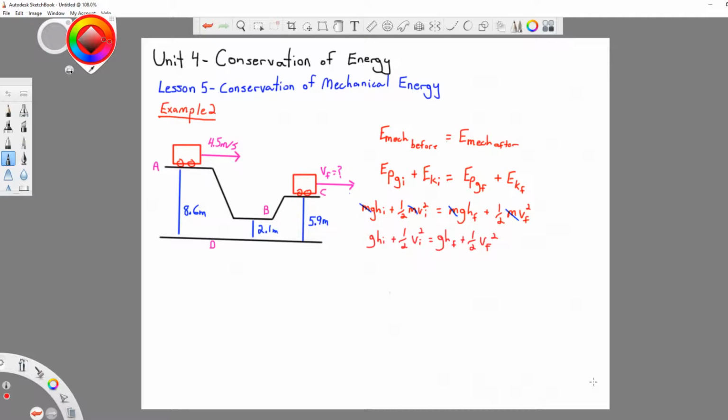Okay. Let's go through and check how many of these things we have and how many we want. Gravity, or little g, we have, it's acceleration due to gravity. We have the initial height, 8.6 meters. We have initial velocity, 4.5 meters per second. Again, little g. Final height, 5.9 meters. And final velocity is the only thing we're missing, and it's what we're looking for.